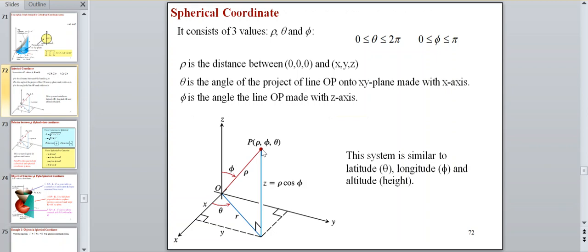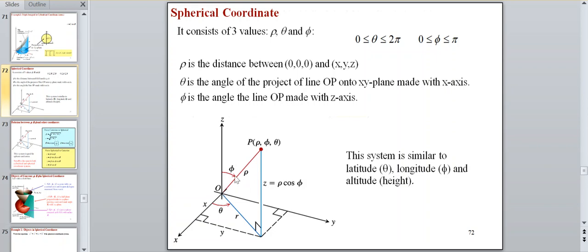This is P. So look at this line segment OP, which connects the origin and the point P. The distance from the origin to point P is denoted by rho.